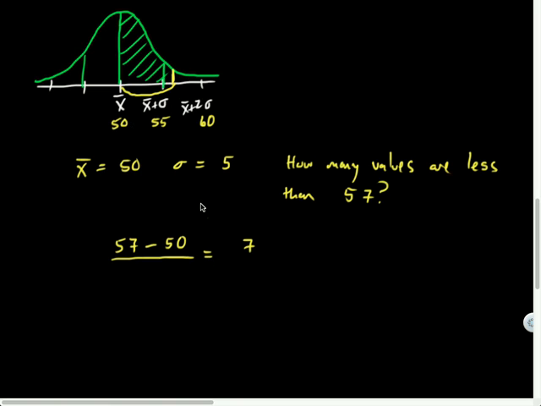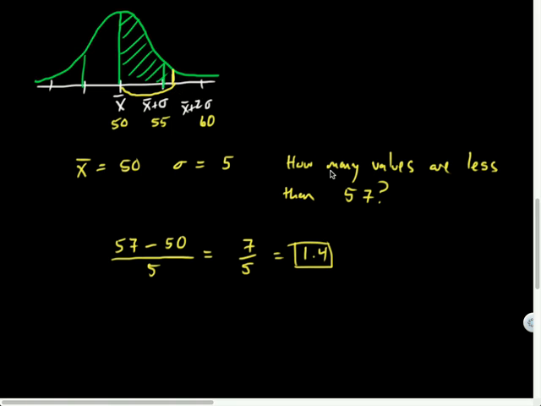But I want to divide by the number of units in a standard deviation. So if I divide this by 5, by a sigma, I get 7/5, which is 1.4. Yeah, 6/5 would be 1.2. So that means 1.4 standard deviations is what I'm looking at here. So 1.4 sigmas above the mean.